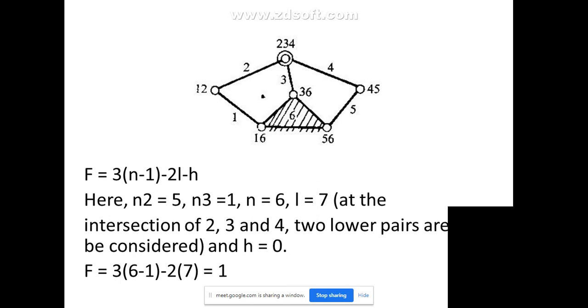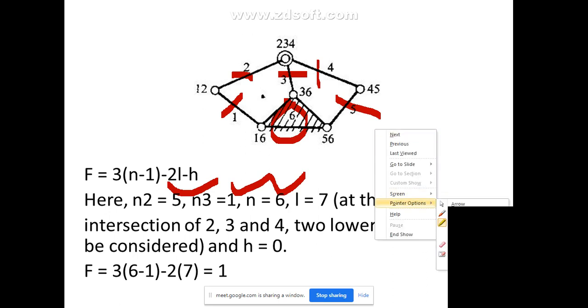Total 6 links are there: this is the first link, then the second, third, fourth, fifth, and this entire thing is taken as the sixth. So n is equal to 6, where there is one ternary link and the rest are binary links. You can count the number of links. Now you have to be careful. I'll count the number of joints now.